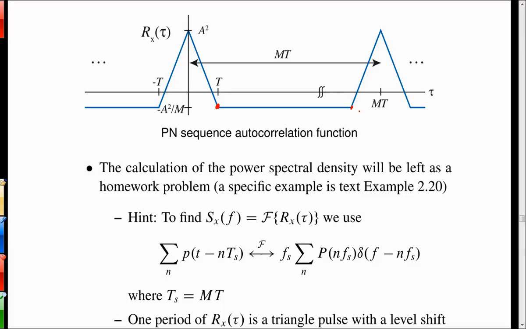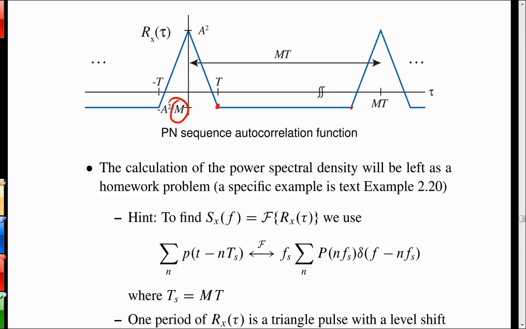An interesting property, though, is for M large, what's going to happen to this autocorrelation function? M is the number of bits in the period. When M goes large, that minus A squared over M gets small. If you had a truly random sequence of bits, like a truly ideal random number generator that never repeated, it would just be the triangle.